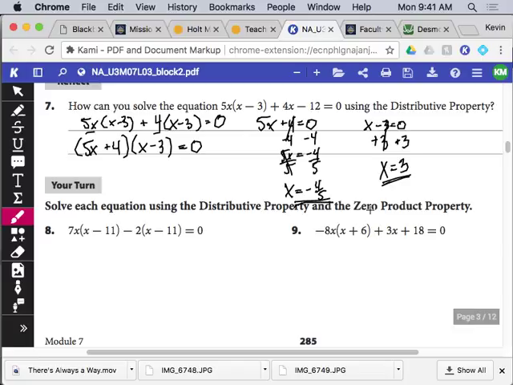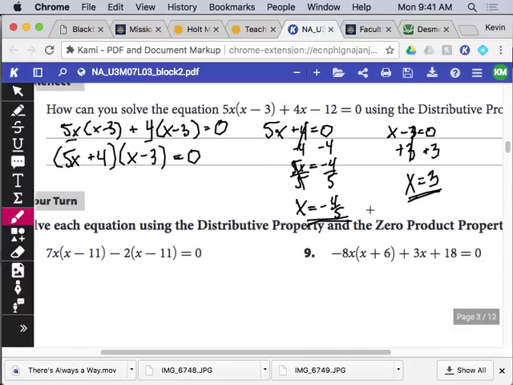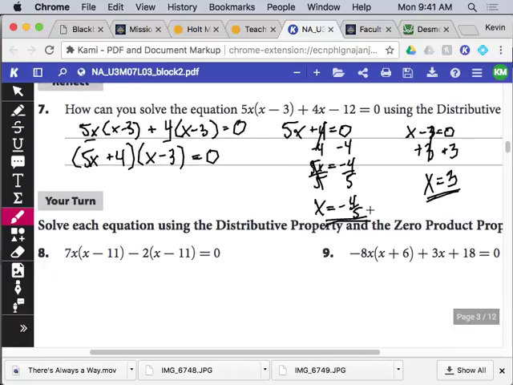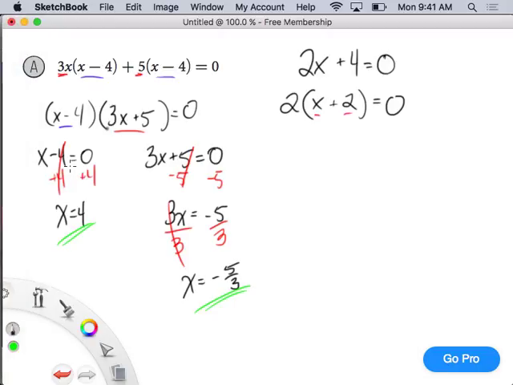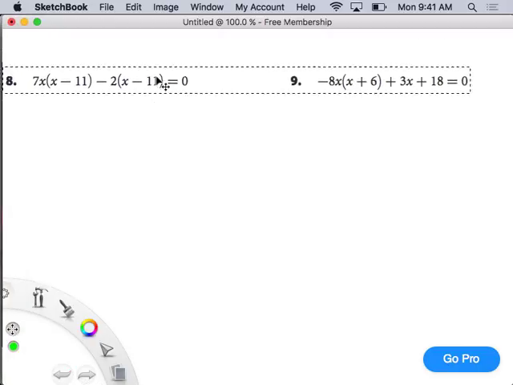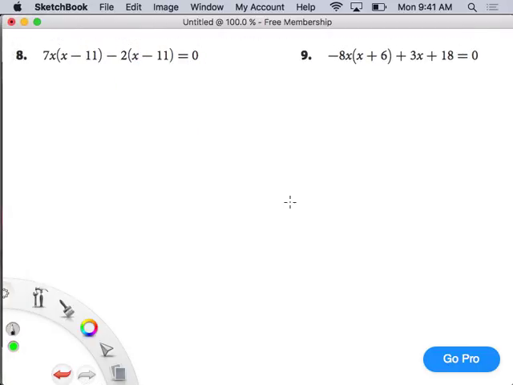All right, let's take a look. Number 8 is already kind of set up for us. All we have to do is group the terms 7x and negative 2. So we have 7x minus 2 times x minus 11 equals 0.